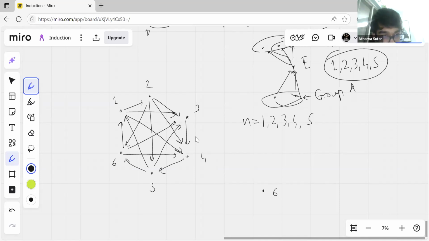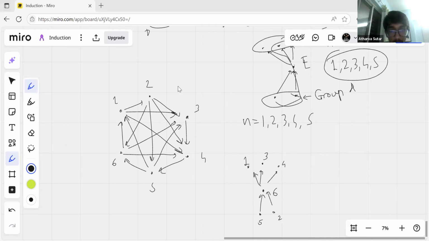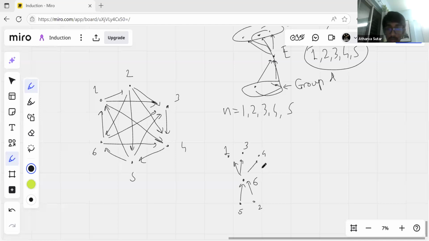So you can see that the sixth city has paths going to 1, 3, and 4. And it has paths coming from 5 and 2. Okay, do you get this part? Yeah, okay.